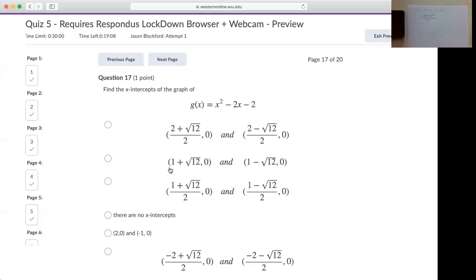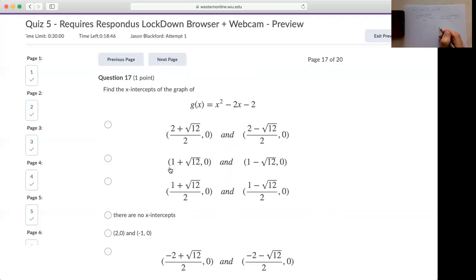We use the quadratic formula to find the x-intercepts. So this is going to be minus -2 plus or minus the square root of -2 squared minus 4 times 1 times -2, all over 2 times 1.